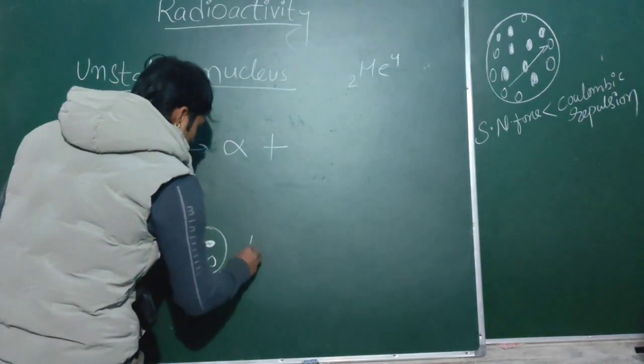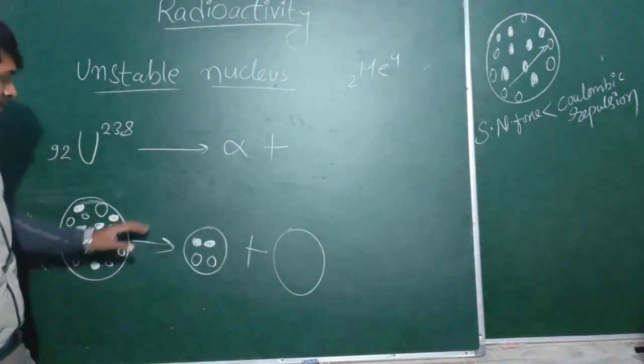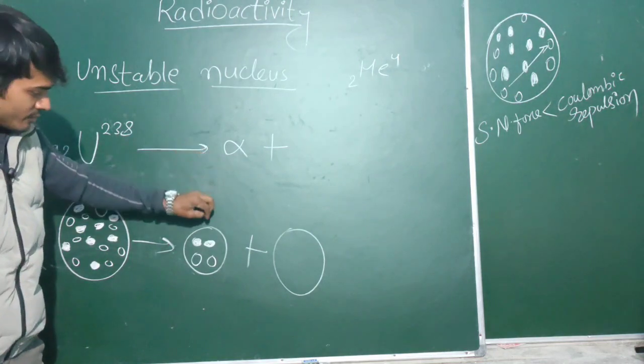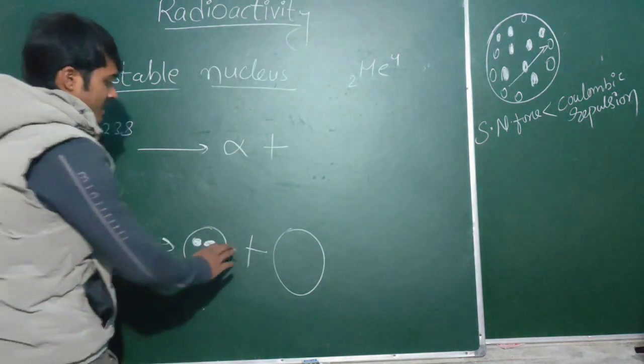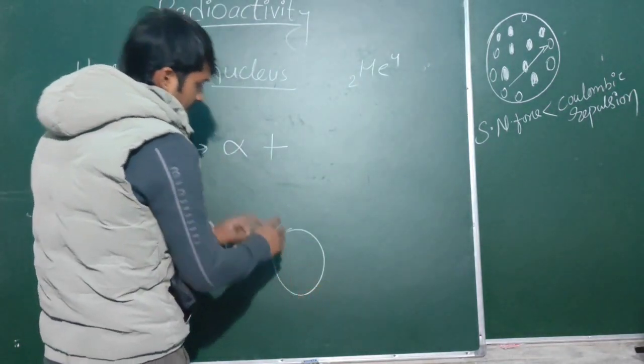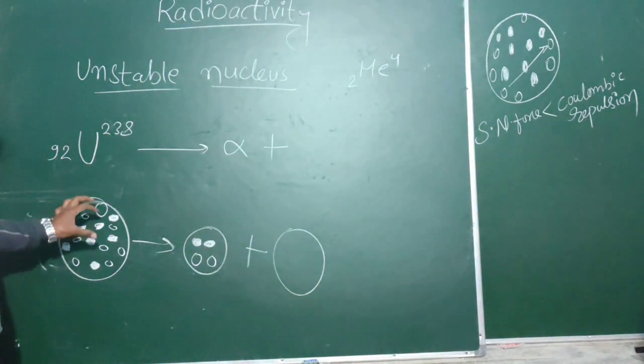What we get is a nucleus with two fewer positive charges and 4 fewer nucleons, resulting in the diminution, the minimizing, of the size of the nucleus.